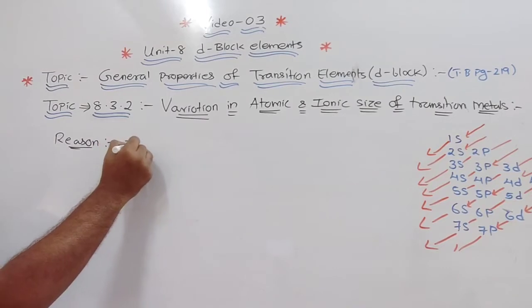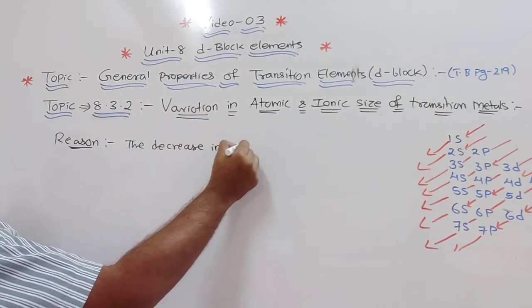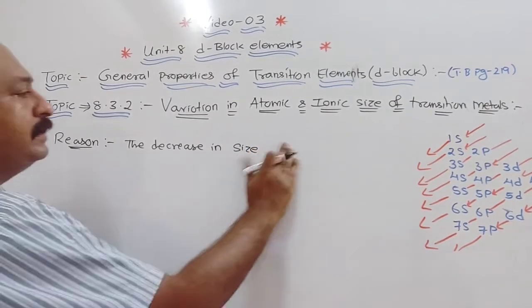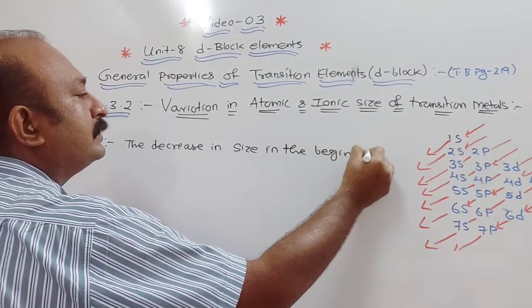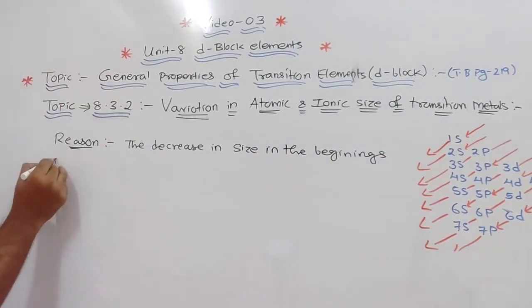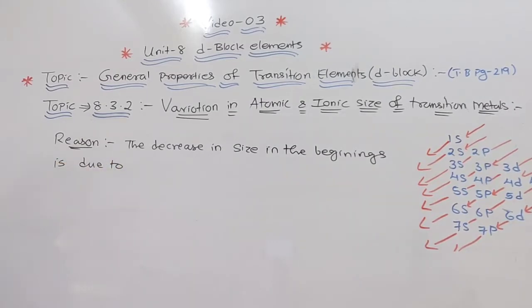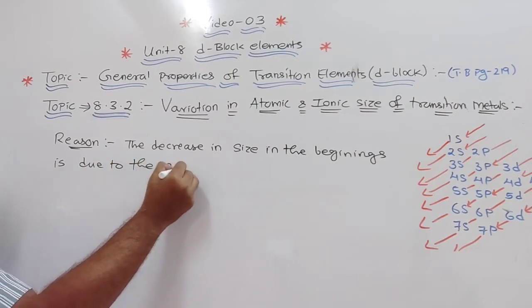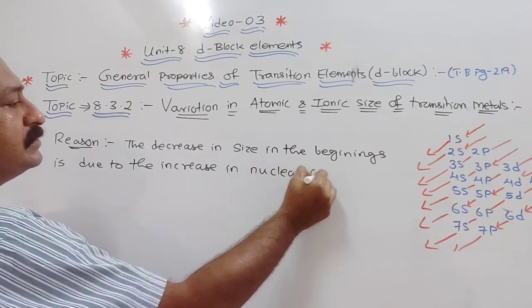The decrease in size in the beginning is due to the increase in nuclear charge.